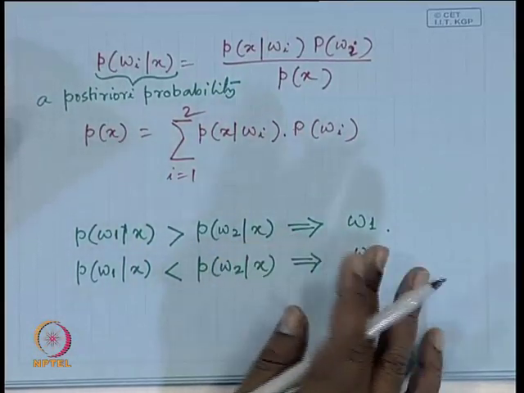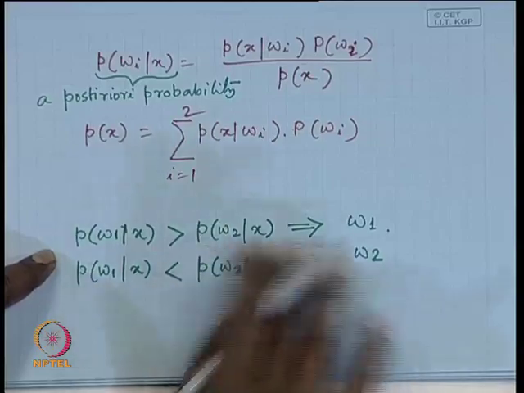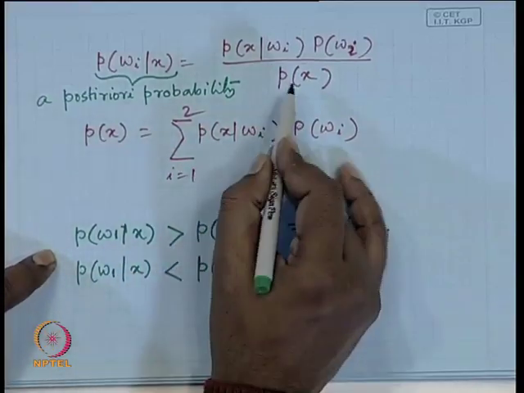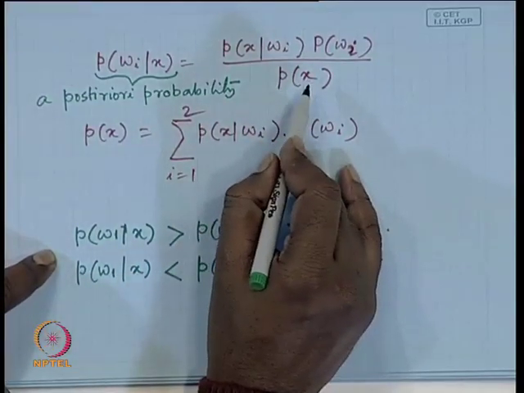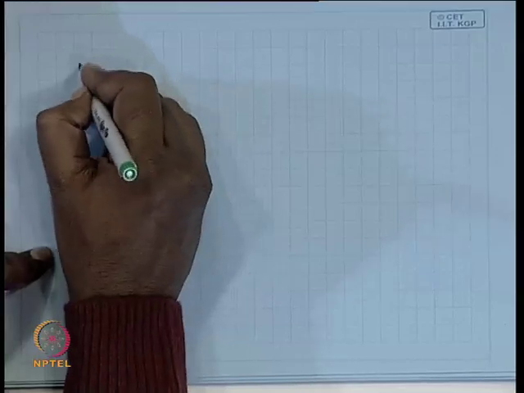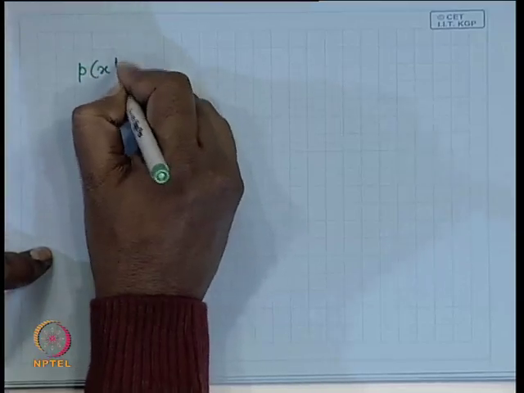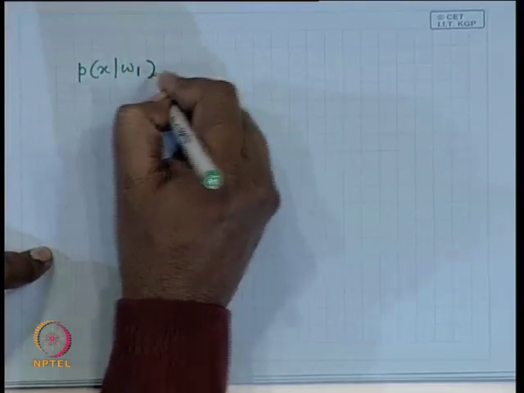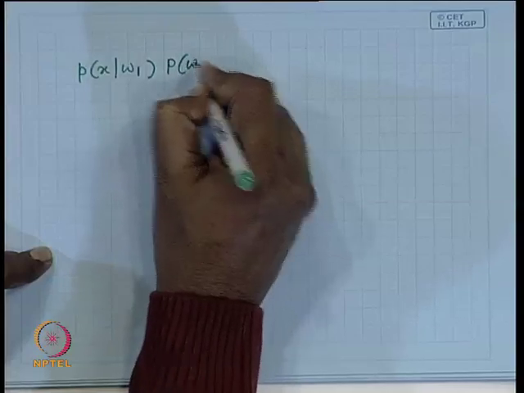Now, here you find that my condition simply becomes, because P of x will appear in the denominator for both classes omega 1 and omega 2, if I expand this expression, it will be P of x given omega 1 into P of omega 1.